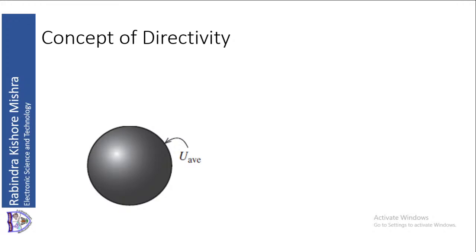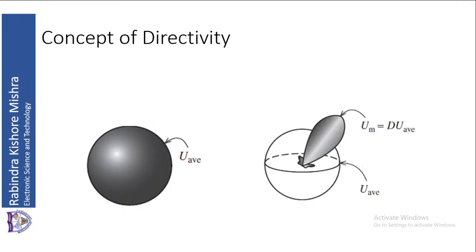Then consider a directive antenna. For a directive antenna, the radiation intensity will be maximum along a particular direction, so it will not be a sphere. The sphere, same as before, will be U average.